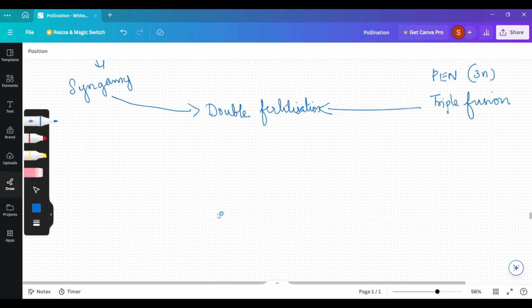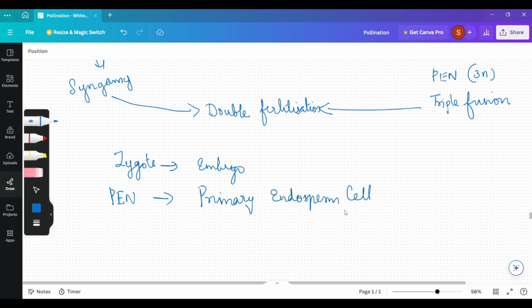After double fertilization, the zygote develops into the embryo and the primary endosperm nucleus will develop into the primary endosperm cell, which ultimately develops to form the endosperm, which is triploid in condition, and this endosperm provides nourishment for the developing embryo.